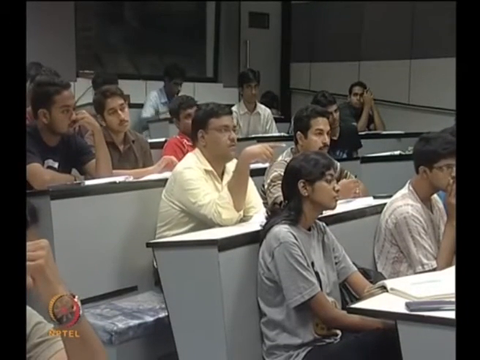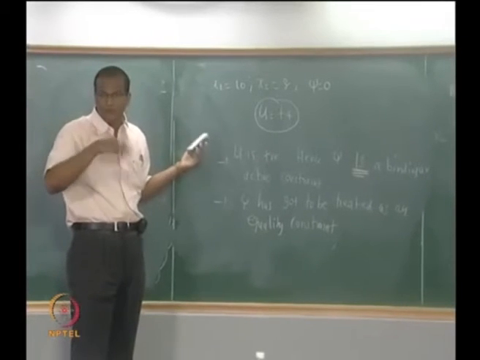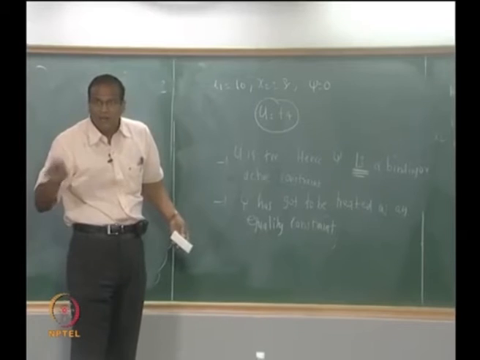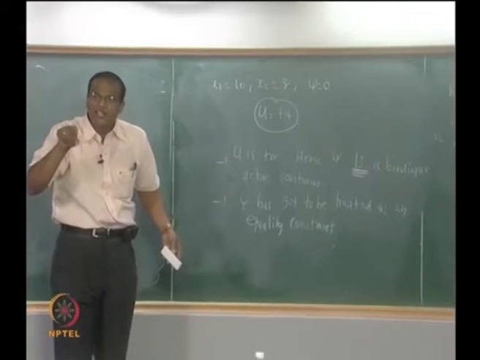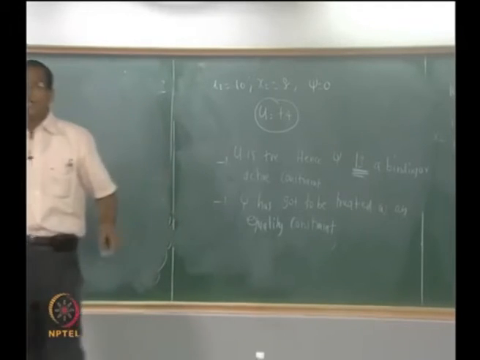We got the new solution 10 and 8. If you assume the constraint to be inactive, you will get 8 and 6, but 8 and 6 will violate the constraint x1 plus x2 must be greater than 18, therefore it is wrong. So you cannot live with that 8 and 6 for this problem.